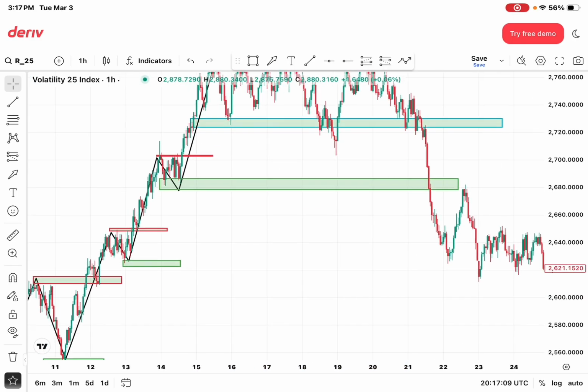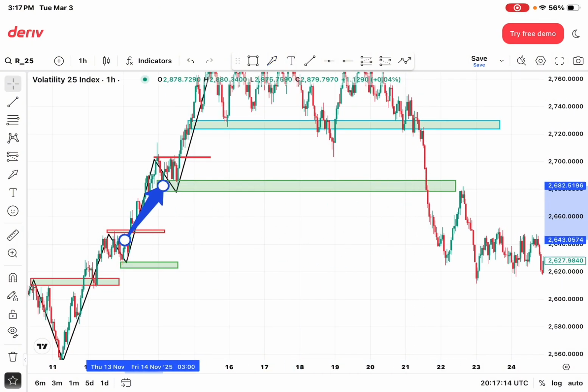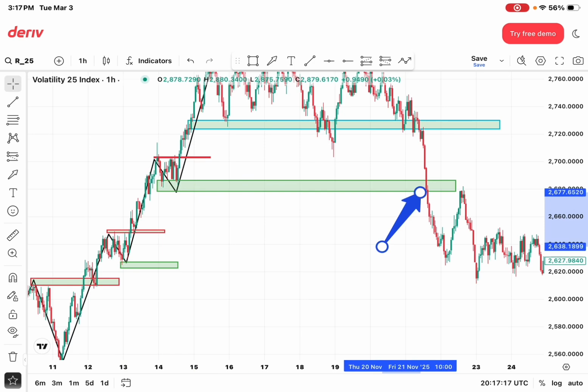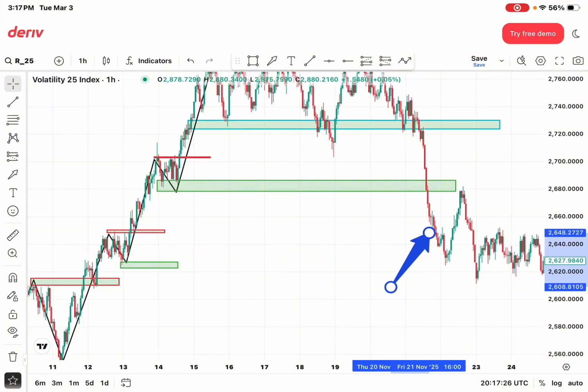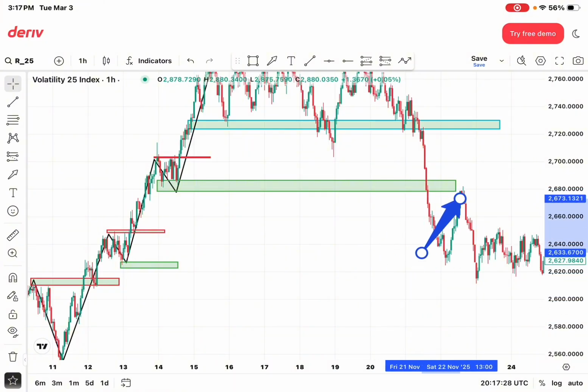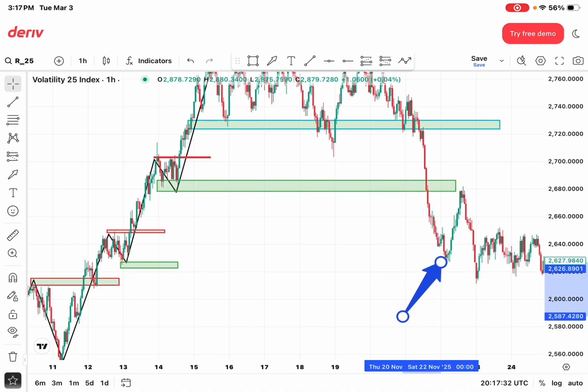Right here. See, this was a previous higher low. It breaks through it and it forms a lower low, then a lower high, a lower low, a lower high. So now we're in a bearish trend.